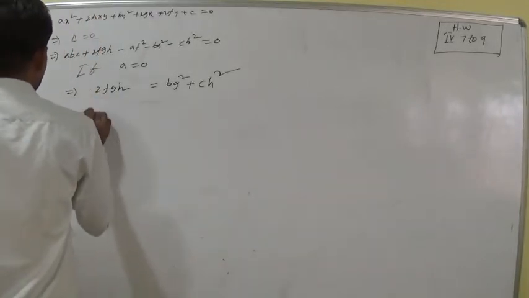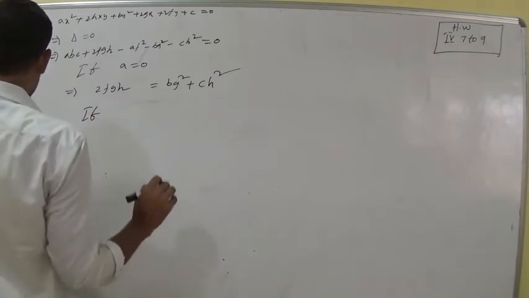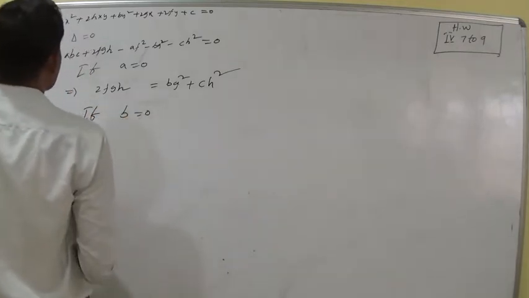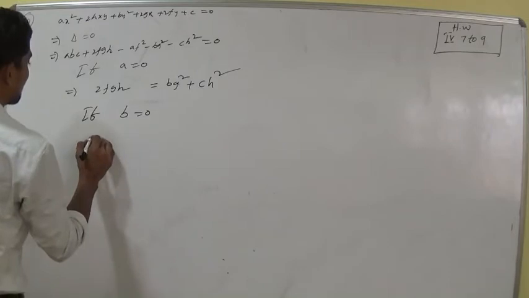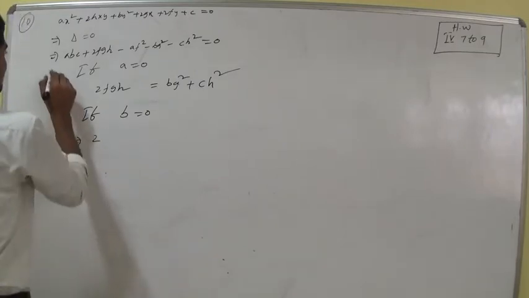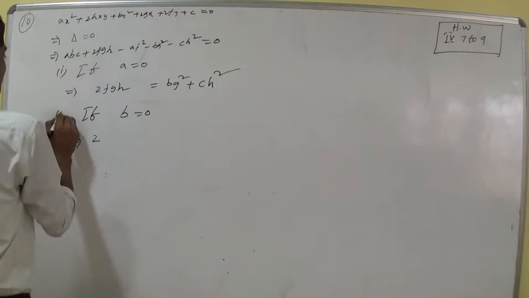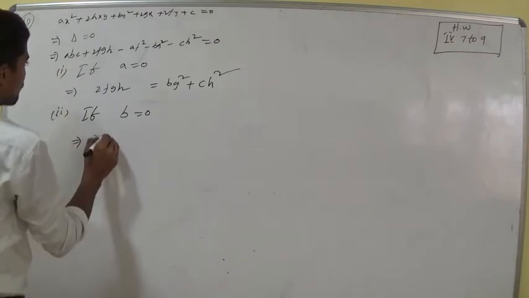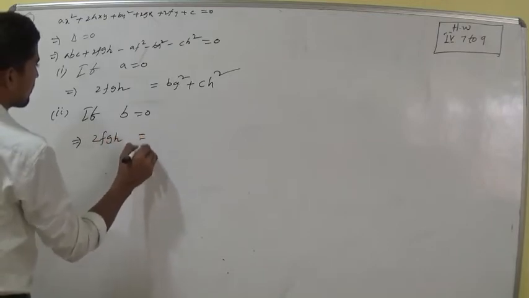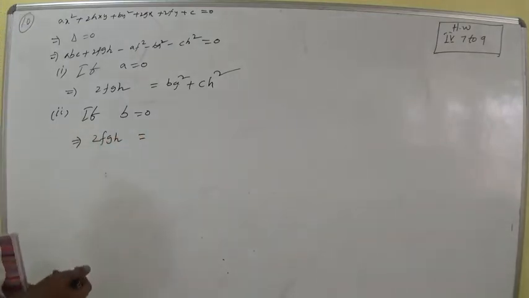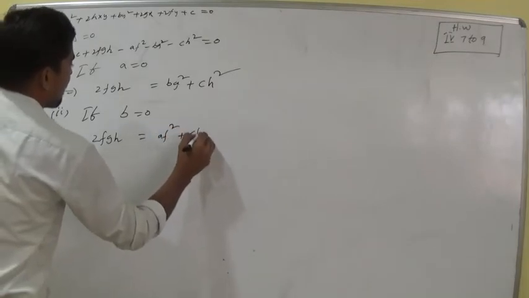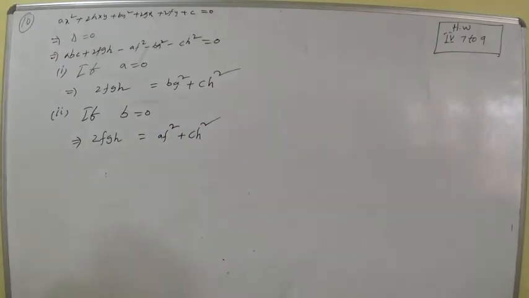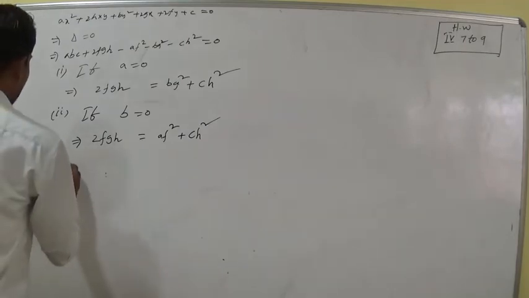Second thing, if b is equal to 0, then this term totally vanishes. 2fgh is equal to, this is the first one, this is the second one, what happens here? B equal to 0 means this is 0, then it becomes af square plus ch square. Clear? Now c equal to 0, third one.